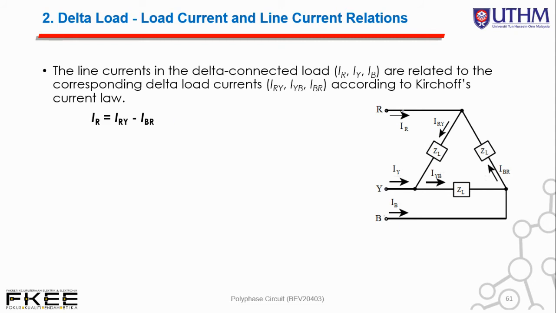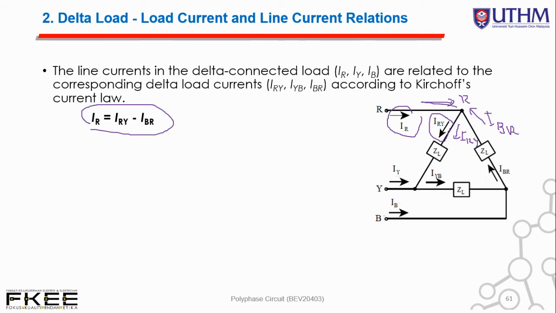Looking at the direction of IR, going to node R over here, for example, we have IBR coming in, so you need to deduct that, and then we have IRY, which is coming out of R. Having said that, we can simply write down that IR is equal to IRY minus IBR.